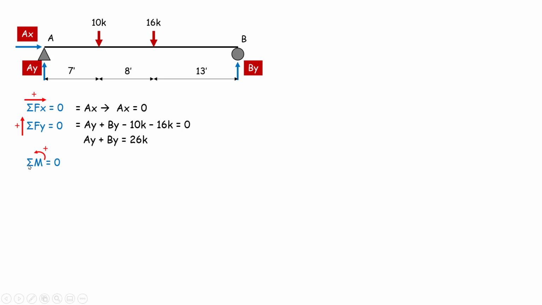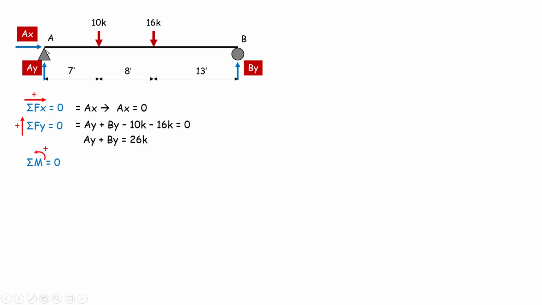So let's go to the third equilibrium equation. Before you start putting in the variables and values, what I want you to do is point out where you want to calculate the moment.